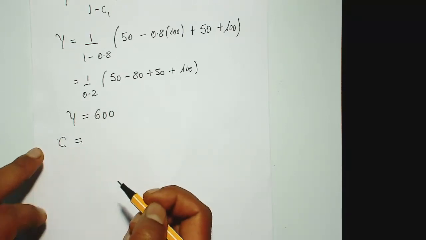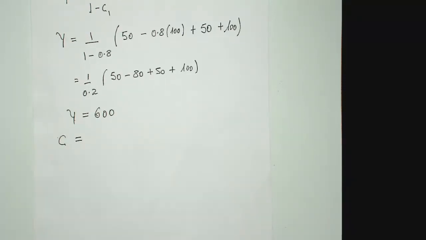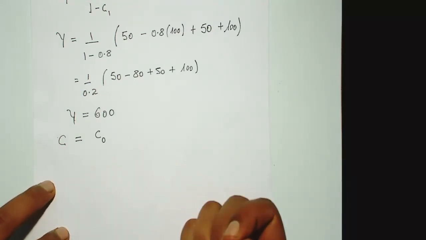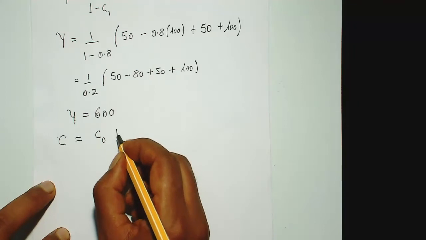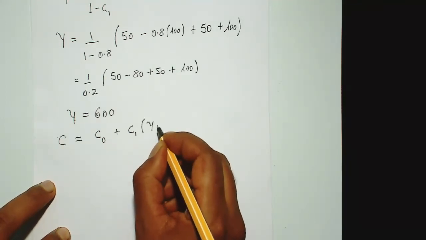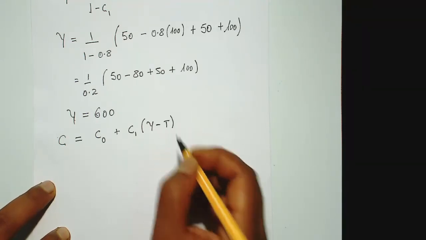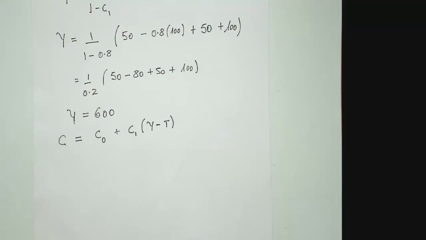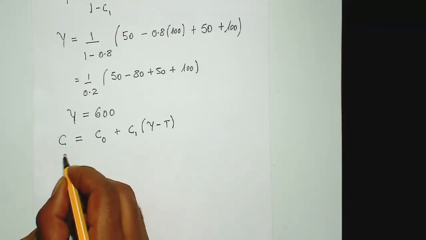Consumption, as we have seen in the previous videos, is autonomous consumption, C0, which is not dependent on the disposable income, plus marginal propensity to consume multiplied by our disposable income, which is given by Y minus T, or income minus taxes.